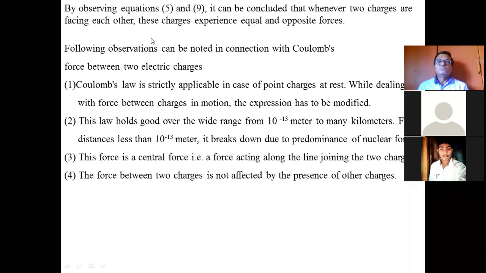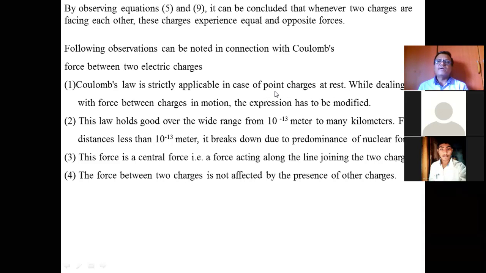Now by observing all these things, we have to consider some conclusions of this Coulomb's law. The following observations can be noted in connection with Coulomb's law. The force between two electric charges, number 1. Coulomb's law मध्ये ह्या काही ज्या गोष्टी आहेत, that is important. Coulomb's law is strictly applicable in case of point charges at rest. मी या अगोदर तुम्हाला पॉइंट चार्ज म्हणजे काय हे सांगितलेलं आहे, and these are at rest.